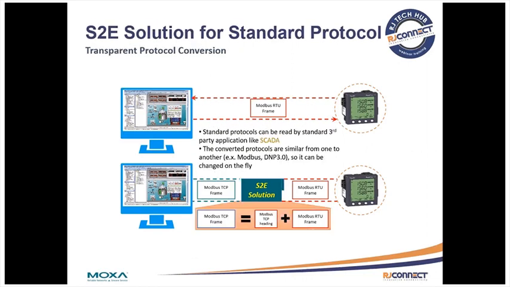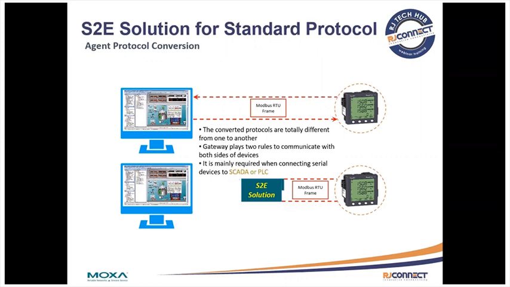This is called a transparent protocol conversion, because we are taking the existing protocol as is, the same format for representing the data, and just adding a TCP header to that existing representation.